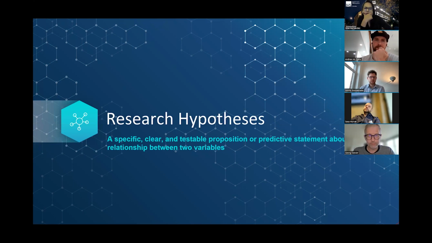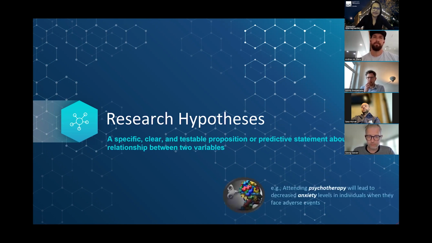Now let's talk about the research hypothesis. Well, as you can imagine, a hypothesis is a specific, clear, and testable proposition or predictive statement about the relationship between two variables. For example, we can make the hypothesis that we just made: attending psychotherapy would lead to decreased anxiety levels in individuals when they are facing adverse events.